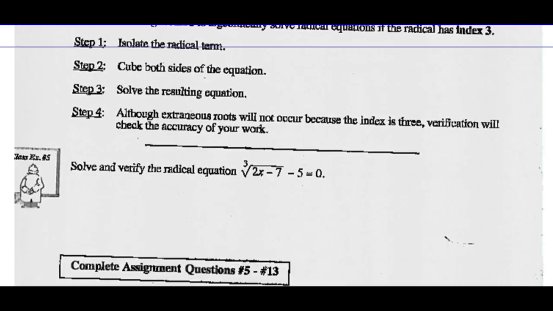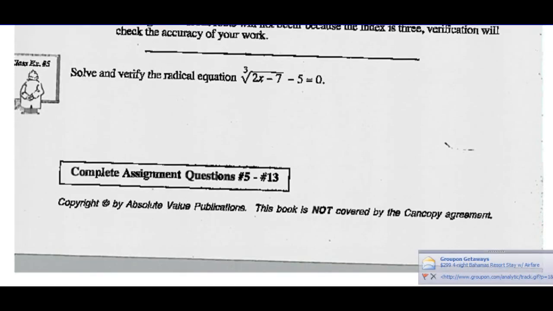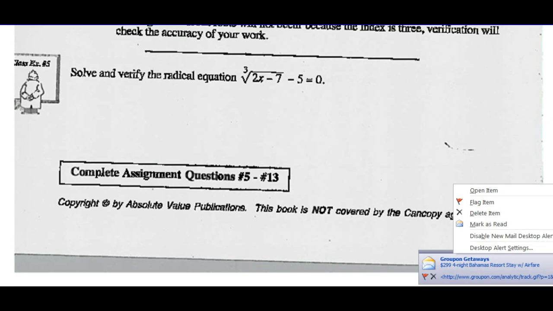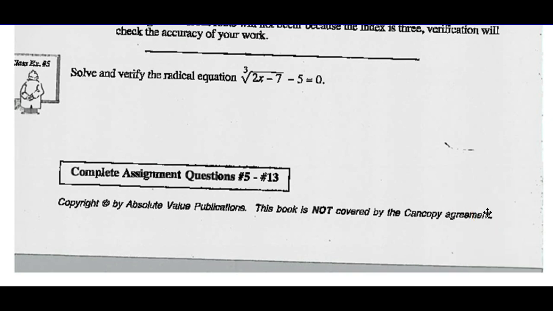Use the algebraic method to solve the radical equation that has an index of 3. So let's try this last one. Step 1, isolate the radical term. So I've got the cube root of 2x minus 7 would equal, I'm going to add 5 to both sides, so 0 plus 5 is 5. I'm now going to cube both sides of this.